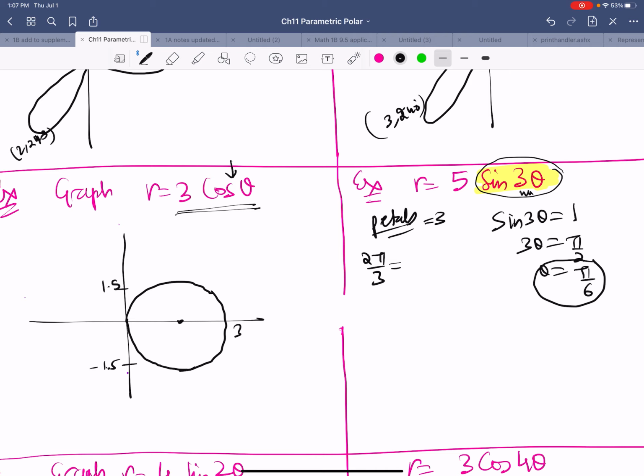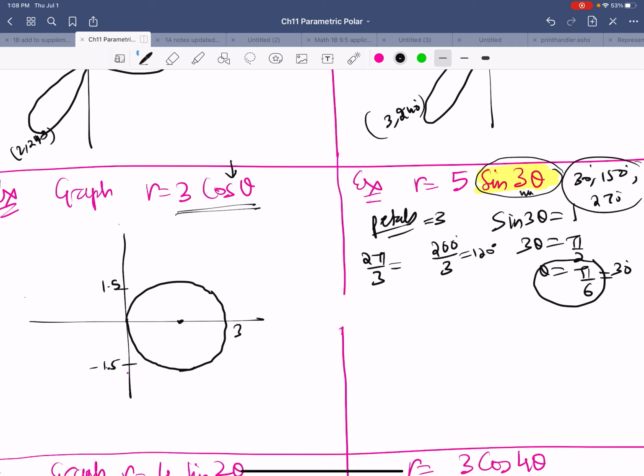You can also think about it in terms of degrees if it's easier. So pi over 6 is 30 degrees, and we are dividing 360 into 3. That's 120. So either keep doing pi over 6 plus 2 pi over 3, another plus 2 pi over 3 to find the location of the second and third, or you can think about it in terms of degrees: 30, 150 degrees, and that would be 270 degrees.